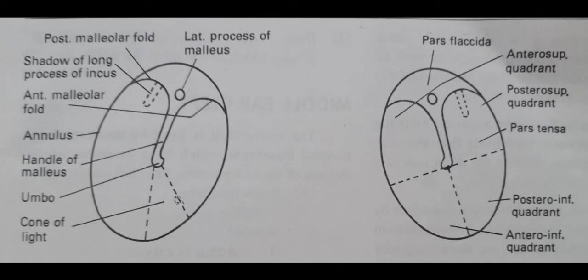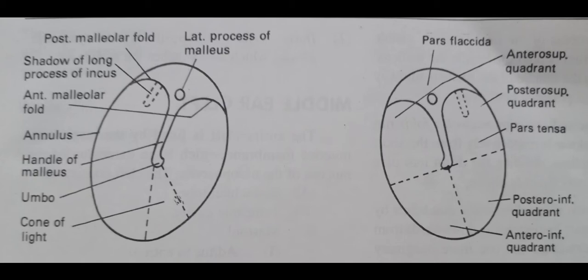The drum is placed obliquely at an angle of 55 degrees with the floor of the inner end of the external auditory canal, and it faces downwards, forwards and outwards.